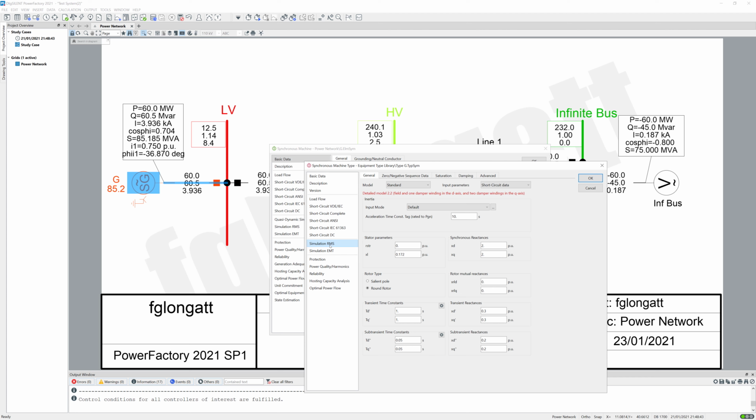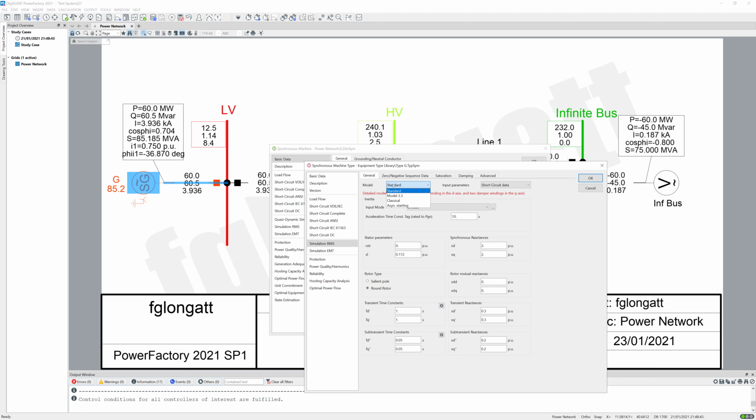The first thing that you must notice is I am here inside the RMS simulation, and at the top there is something called the model, okay? PowerFactory has been working extremely hard on the model of the synchronous machine, and for several years they have been including more and more features and characteristics about its dynamic model.